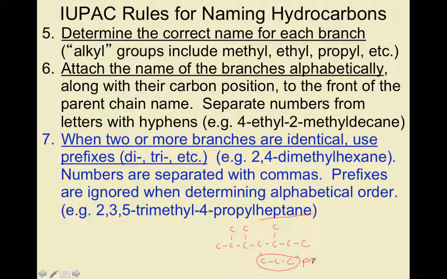Propyl, methyl, methyl, methyl. So we have 3 methyl groups, and that is why we see the prefix tri in this name.